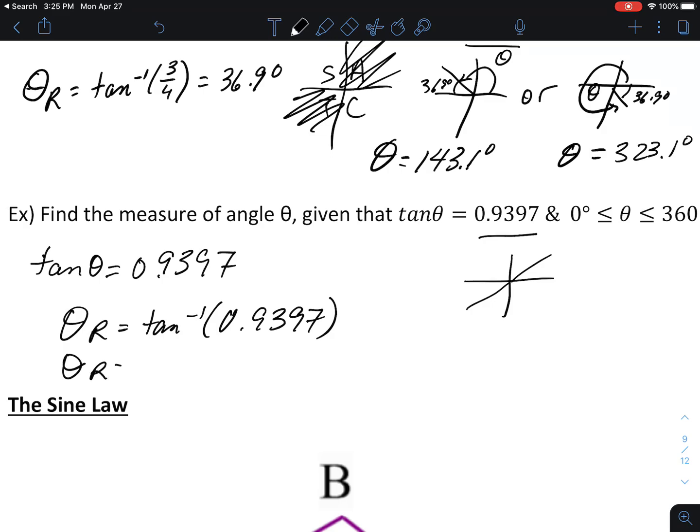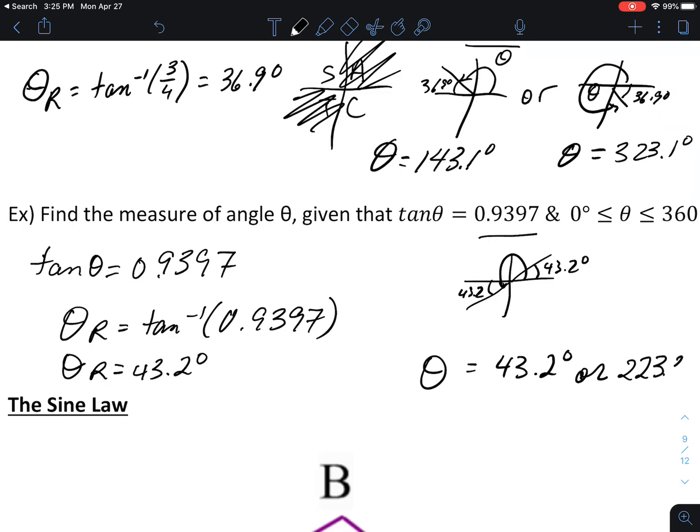So the reference angle is the inverse tan of that value. My reference angle is 43.2 degrees. So this is 43.2. Well, in quadrant 1, that would be theta. Or this is 43.2, so that's my other possibility, which would be 200.